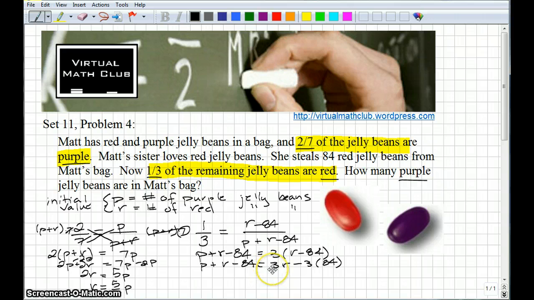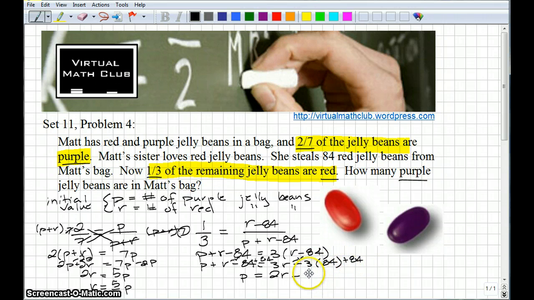So let's get p by itself because we've got p over here and we have only r over here. So it's pretty easy to get p by itself. So we can say p, if I subtract r and I add 84 to both sides, so minus r plus 84. Then I get, okay, 3r minus r is 2r. And over here, I've got negative 3 times 84, and I'm adding 1 84.